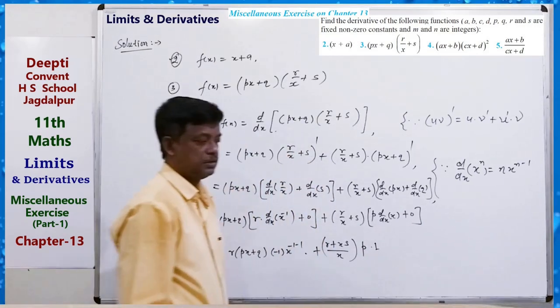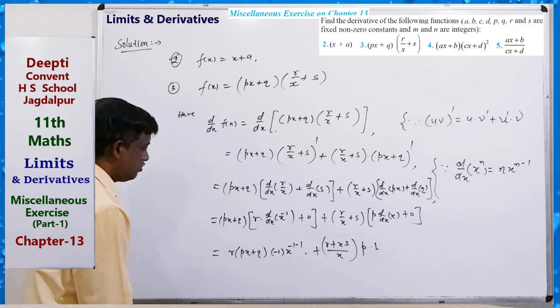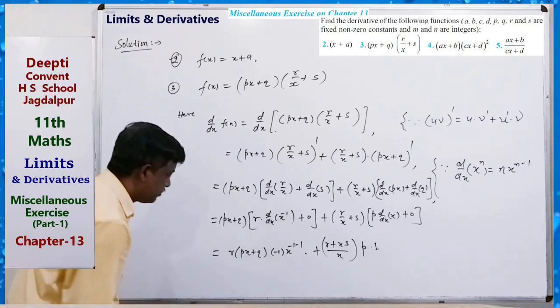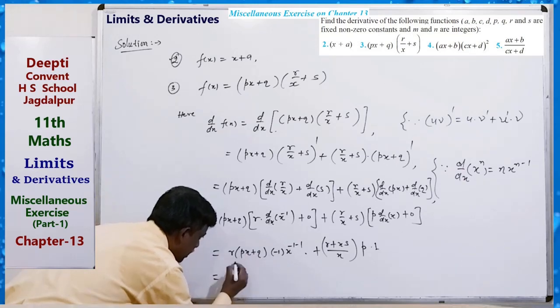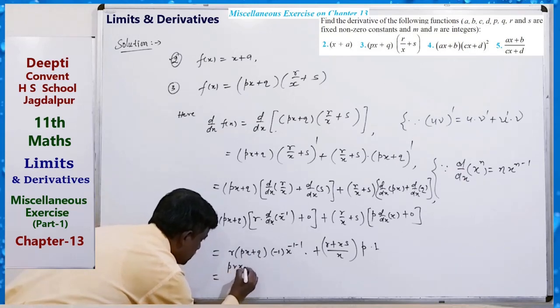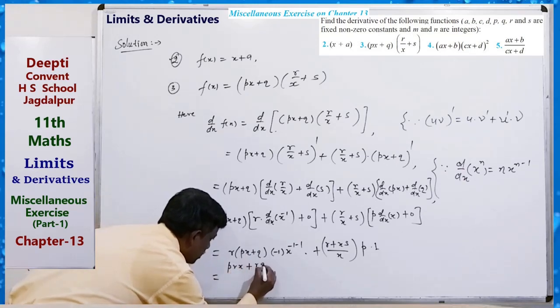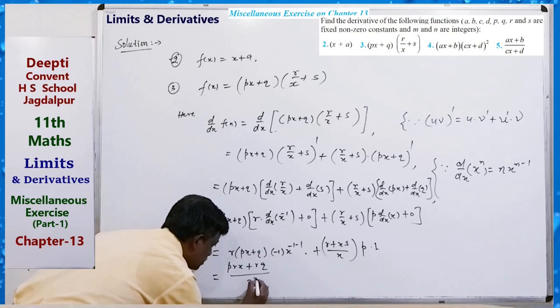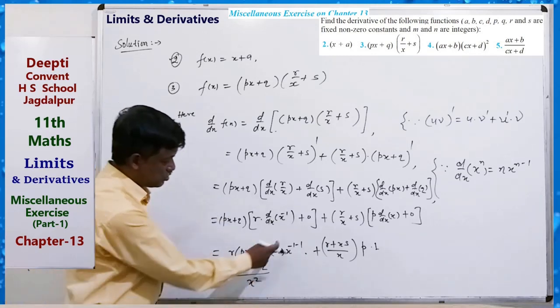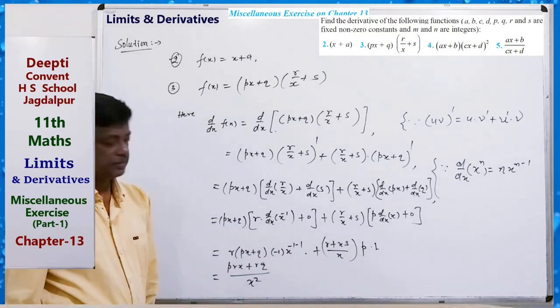Clear? Now here we see that by multiplying, we get: minus (pr x + rq) upon x to the power minus 1 plus 1, that is x to the power 2, so x square is there.